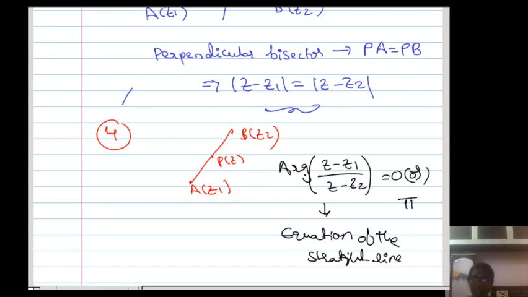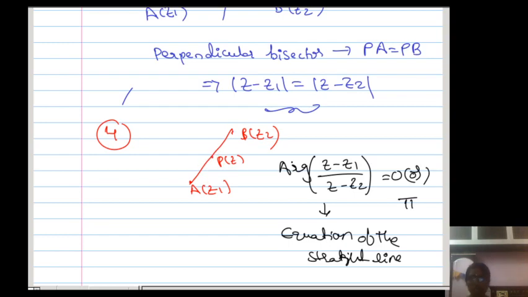For example, the argument of z1 by z2 represents the argument of z1 minus the argument of z2, which you already know as a formula. So from that formula, I can say the argument of z minus z1 minus the argument of z minus z2. Here you can observe that it represents a straight line, meaning the slopes will compulsorily be the same.